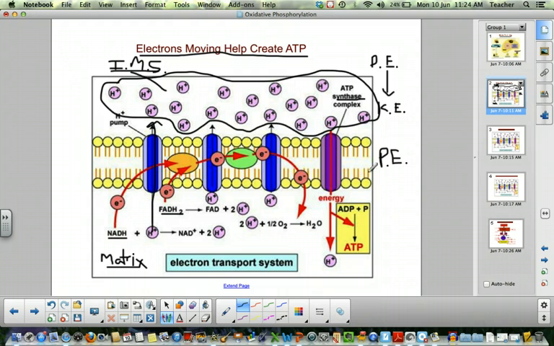Okay, and that potential energy is going to be released, and when it's released, the protons are going to move into the matrix again through ATP synthase. The potential energy stored in the proton gradient is released, creating kinetic energy, which is going to move through ATP synthase, which is going to help generate ATP, so that would be chemical energy.